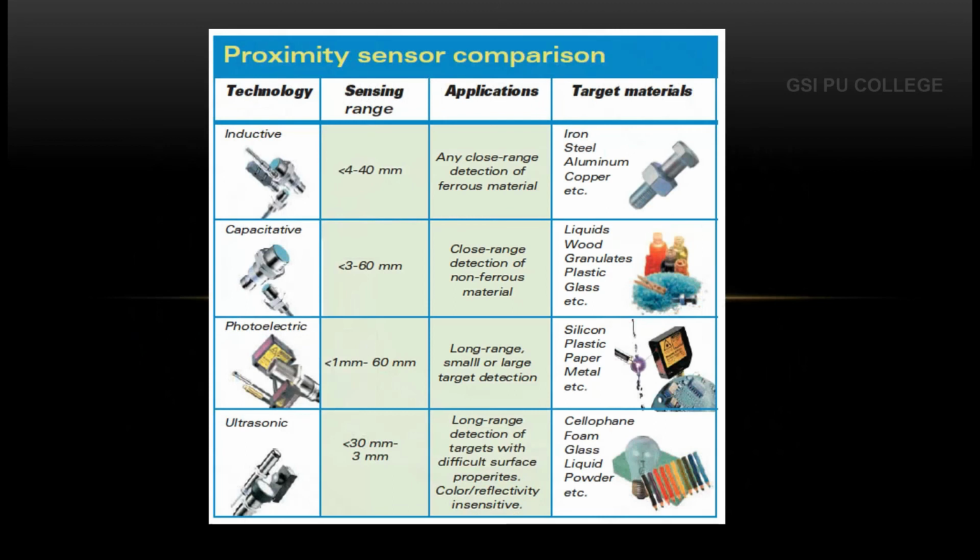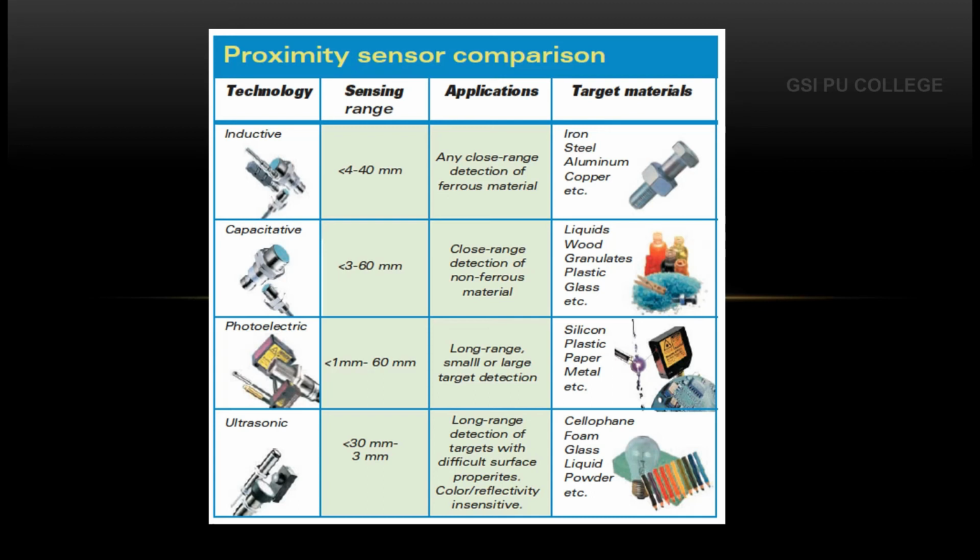Different proximity sensor targets demand different sensors. For example, a capacitive proximity sensor or a photoelectric sensor might be suitable for a plastic target. An inductive proximity sensor always requires a metal target. An ultrasonic sensor always requires a glass, liquid or powder target.